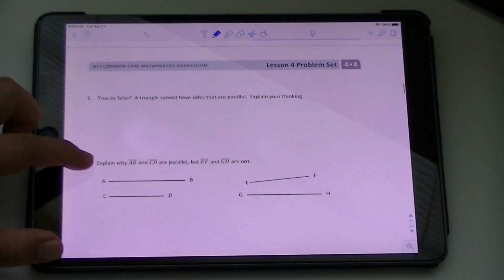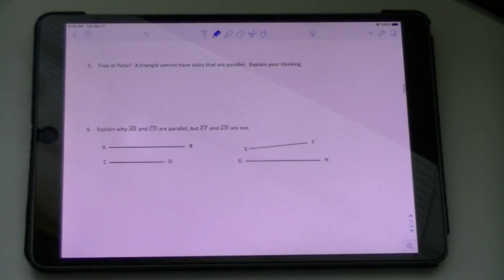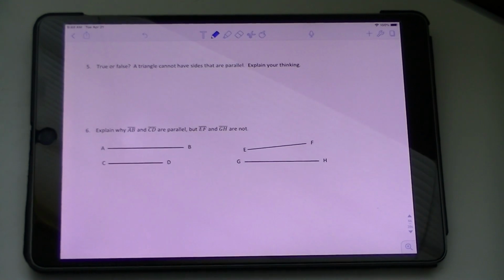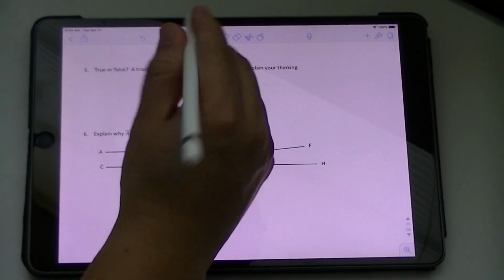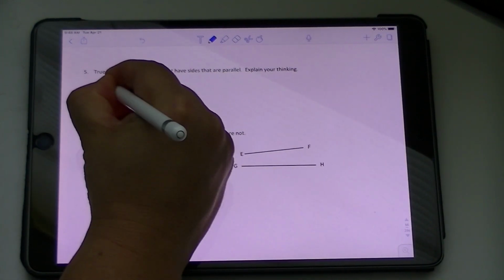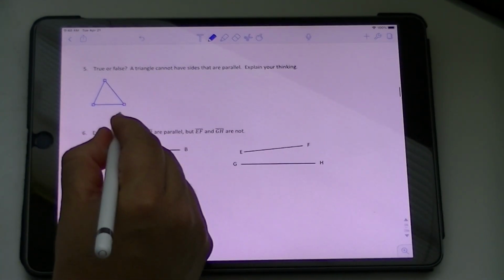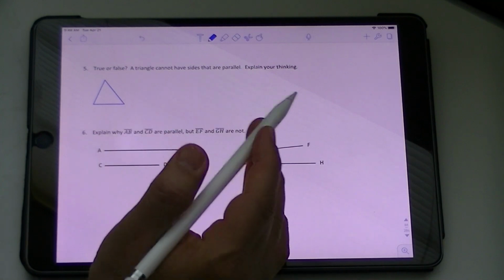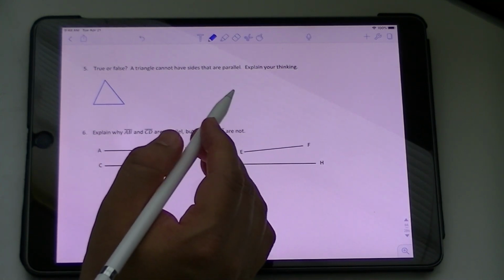Oh, we have more. Okay, so true or false? A triangle cannot have sides that are parallel. Explain. Well, you have a triangle, right? How can you say that it cannot have parallel lines?